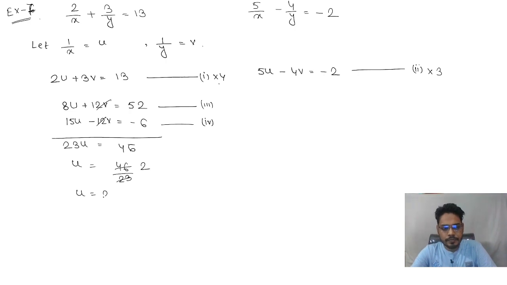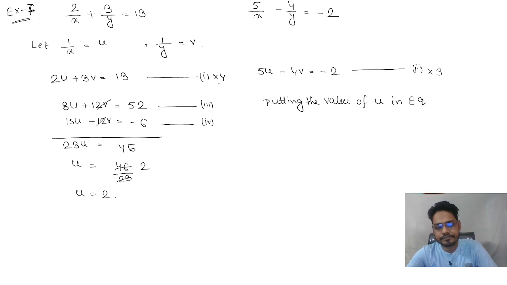u will be 2. Now putting the value of u in equation number 1. So 2u, that means 2 into 2, plus 3v is equals to 13. So 3v will be equals to 13 minus 4, that will be 9.